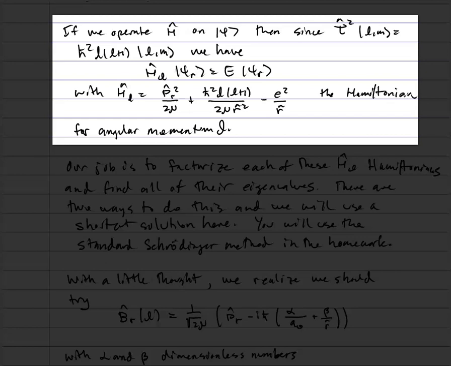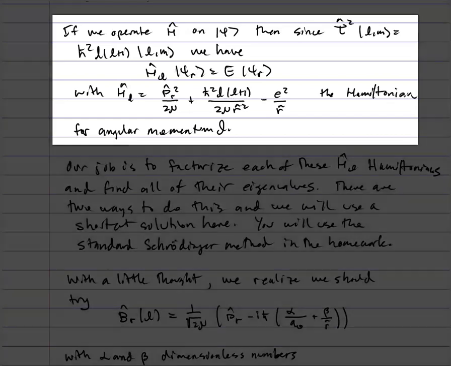We'll later be using subscripts and other notation for the E, but that's the eigenvalue problem, where H_L is P_r squared over 2 mu, and now we can replace that L squared operator by the eigenvalue that it has in the |L,m> eigenstate, h bar squared L times L plus 1 over 2 mu r hat squared minus e squared over r. And this then is the Hamiltonian for each angular momentum state given by L.